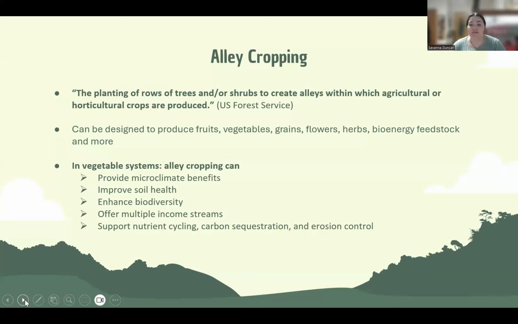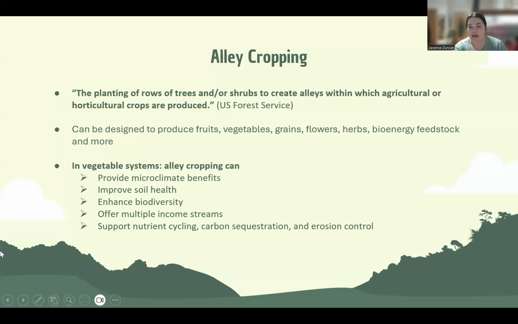It can enhance biodiversity, attracting beneficial insects and pollinators, as well as offering multiple income streams, vegetables from the alleys, fruits from the trees or nuts, and ultimately timber from the trees. This type of system can support nutrient cycling, carbon sequestration, and erosion control.